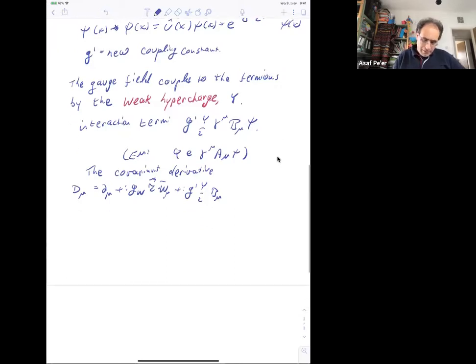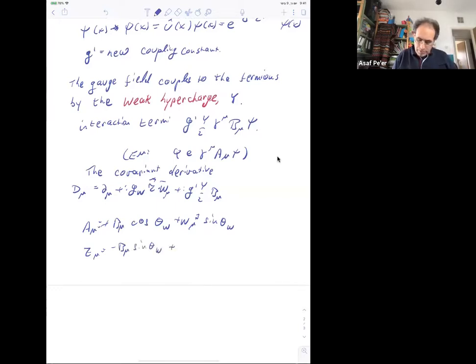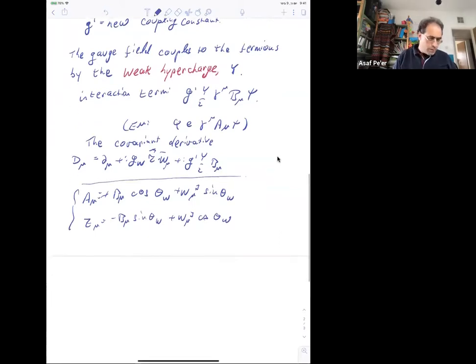So we write A mu to be B mu cosine theta weak plus W mu 3 sine theta weak, and Z mu to be minus B mu sine theta weak plus W mu 3 cosine theta weak, where theta weak is called the weak mixing angle, and another name is the Weinberg angle.